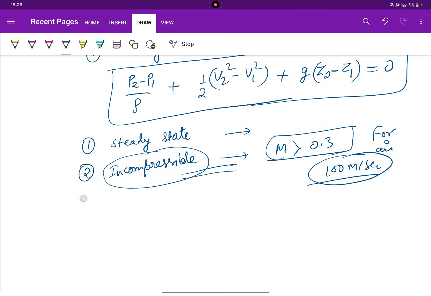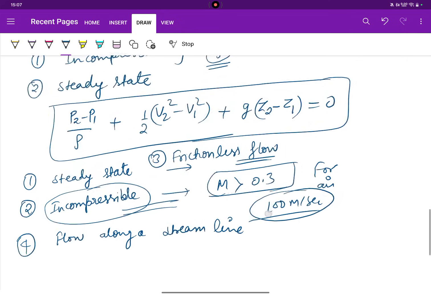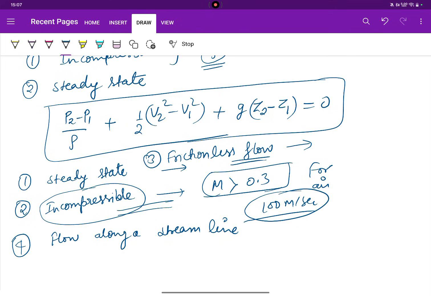Third is flow along a streamline. Another important one I left out, let it be fourth: frictionless flow. Whenever we talk about frictionless flow, almost all of them are irrotational.